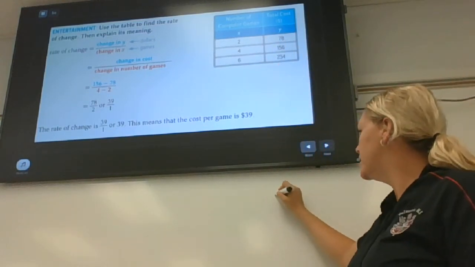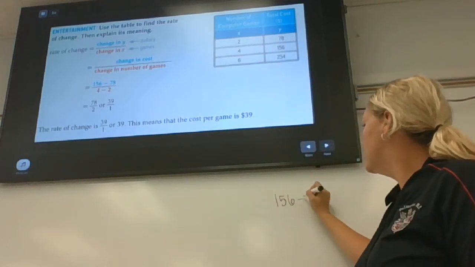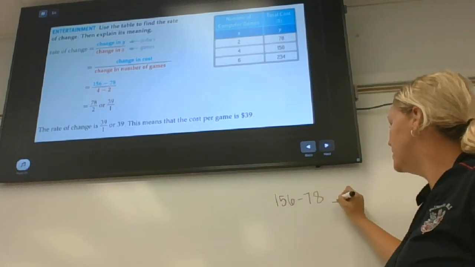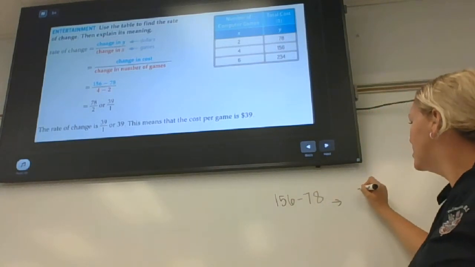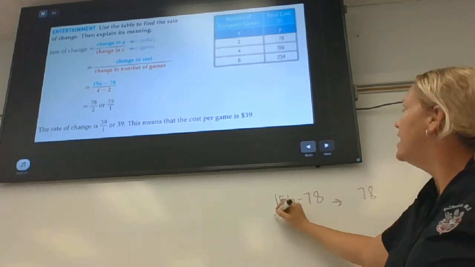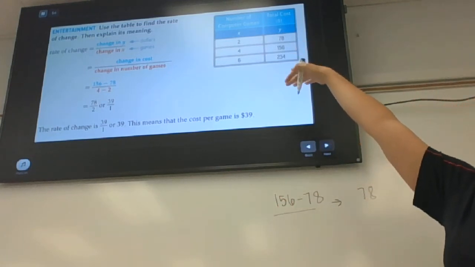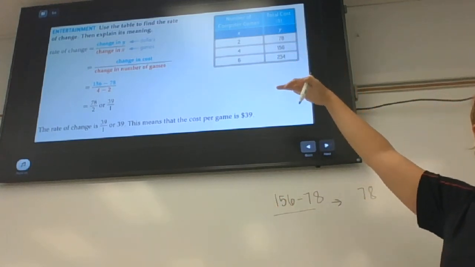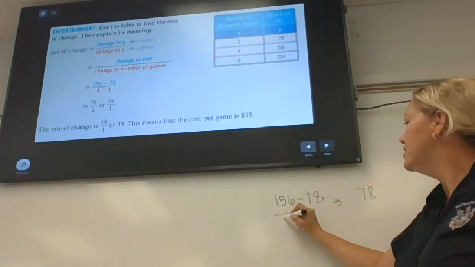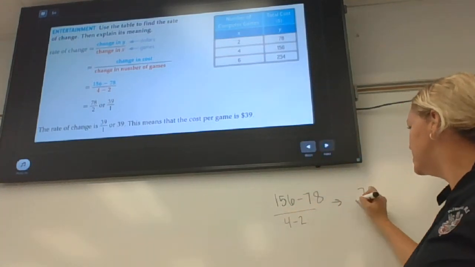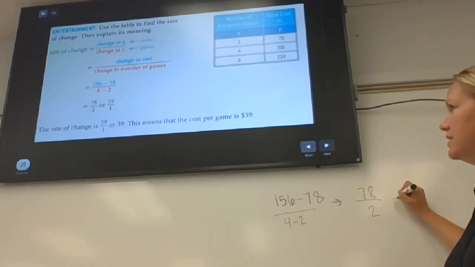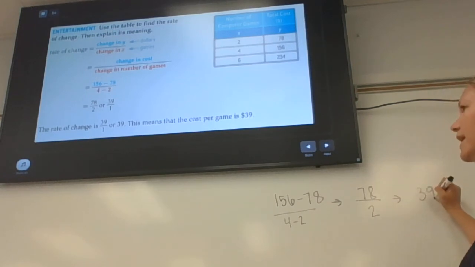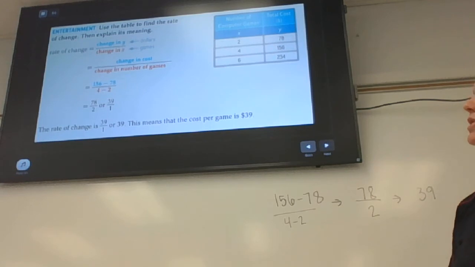Use your calculator. 156 minus 78 is 78. And then how much are the x's going up by? 2. So we'll do 4 minus 2. We get 78 divided by 2 or 39. So this means that each computer game costs $39.